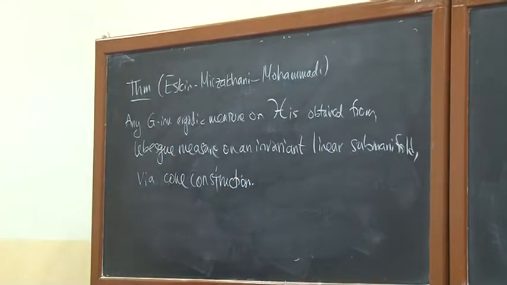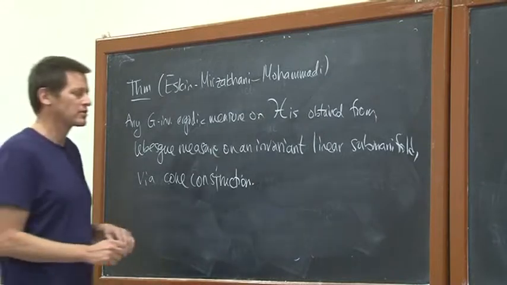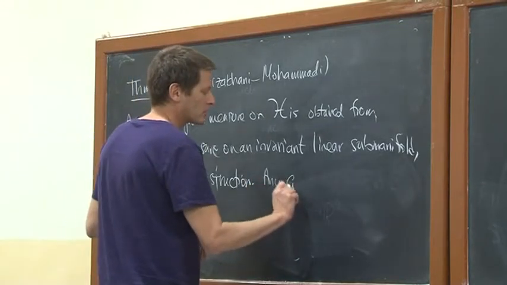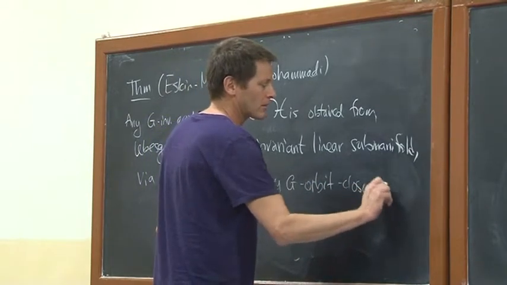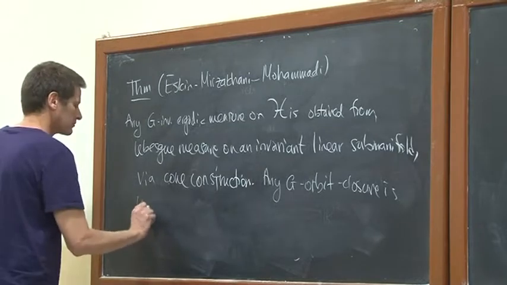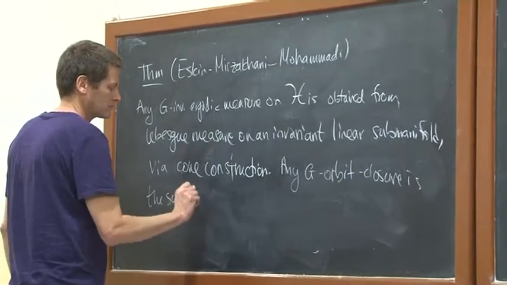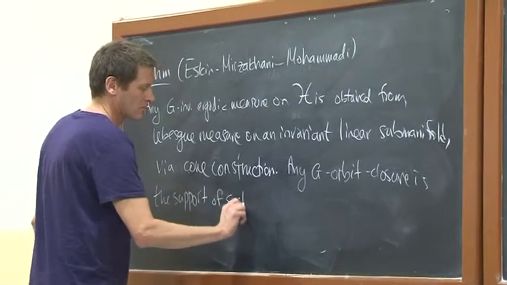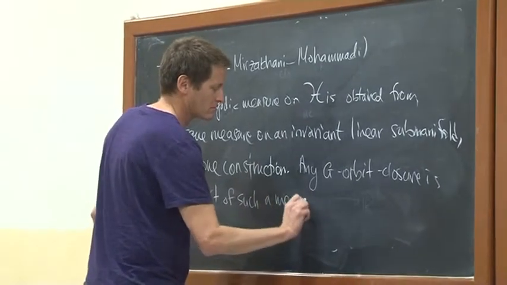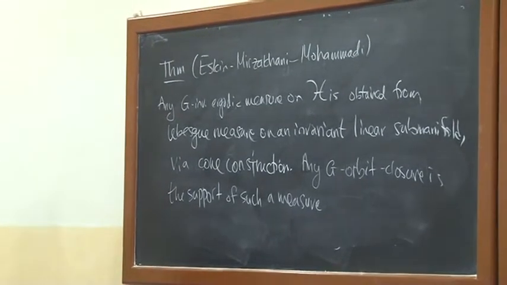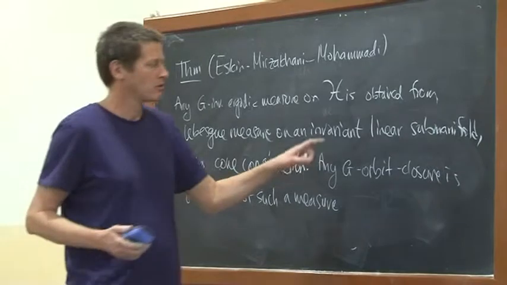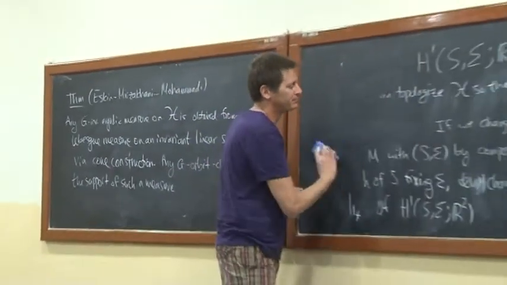This is what you might call the counterpart of the Ratner measure theorem, and the counterpart of the orbit closure theorem is that any G orbit closure is the support of such a measure. So this is the kind of situation for G. I need to tell you what the cone construction is.